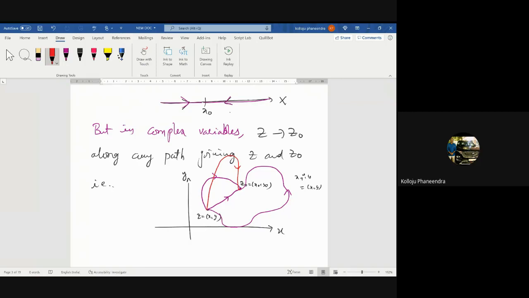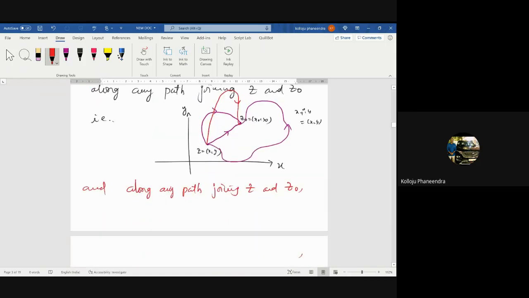That means along all these paths, and along any path joining z and z naught, the limit value must be the same. The limit value must be unique. Then only the limit exists. This is the main property in complex variables.